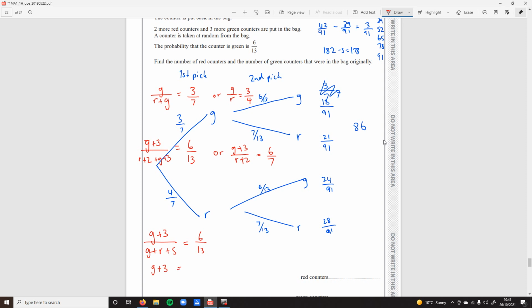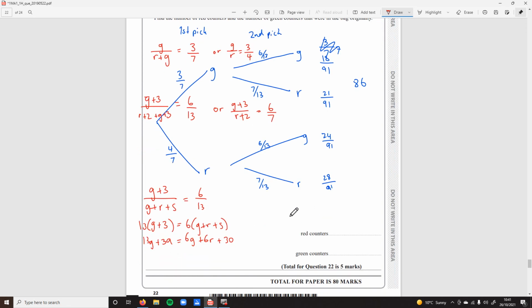So 13 lots of G plus 3 equals 6 lots of G plus R plus 5. 13G plus 39 equals 6G plus 6R plus 30. So 7G minus 6R equals minus 9.